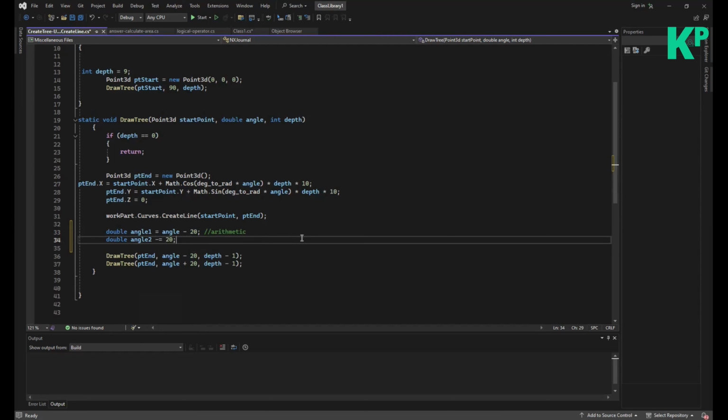Now we know this is the assignment operator, and we also know that the result of both angle 1 and angle 2 variables is going to be the same. Now instead of using the formula here itself, I can use angle 2 here, and I'm done. So this is how I can use the assignment operator.